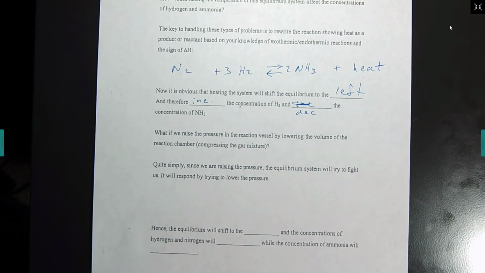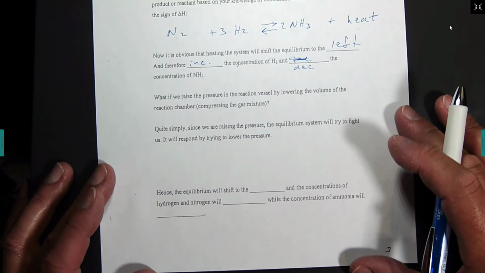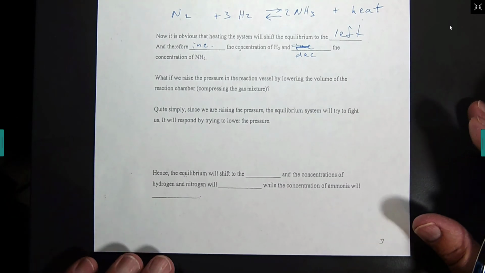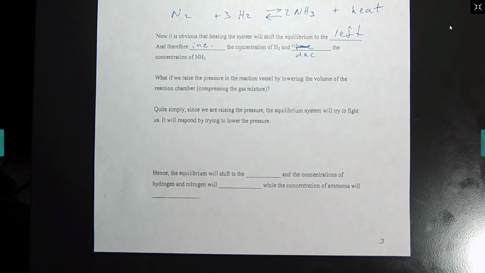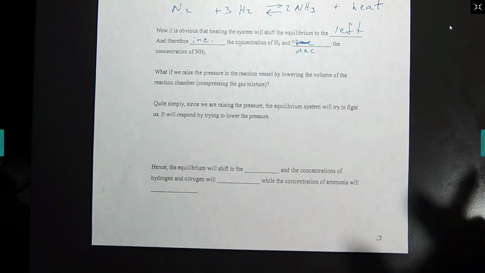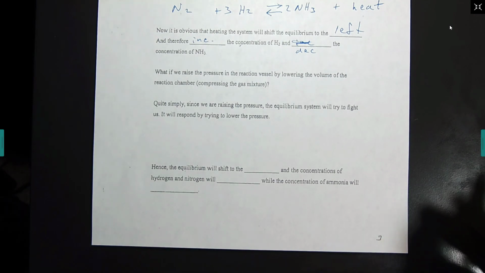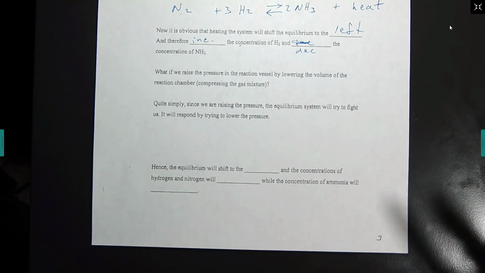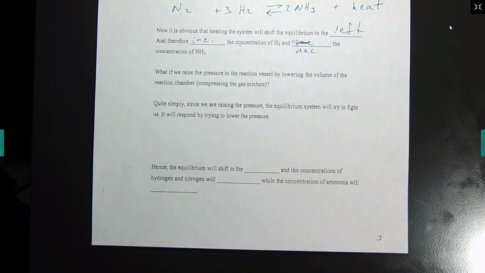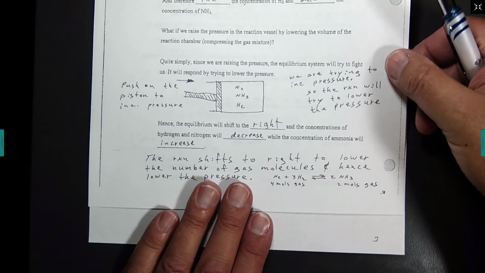Okay, last little thing to look at here for Le Chatelier is what if we change the pressure in the reaction vessel by compressing the gas mixture. So for this particular example, I'm just going to go to my filled in notes here so I don't have to duplicate the drawing.